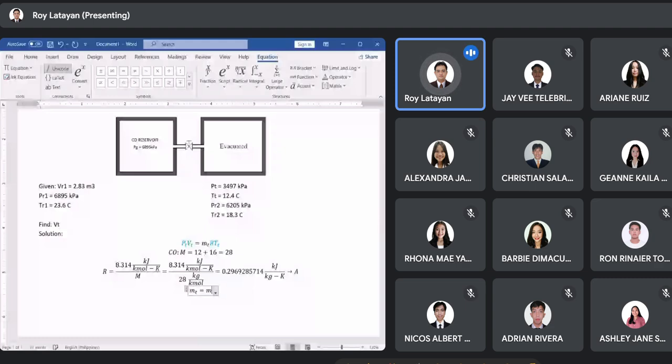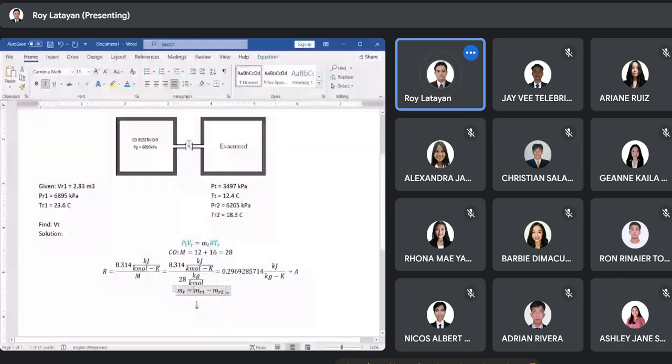Kung ano yung naging change in mass dito, yun yung lumipat dun sa ating tank. Dito natin kukunin yung mass ng tank. Next, wala tayong initial at final na mass ng reservoir.